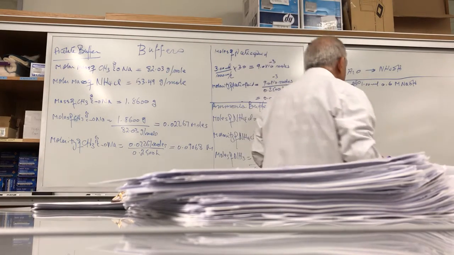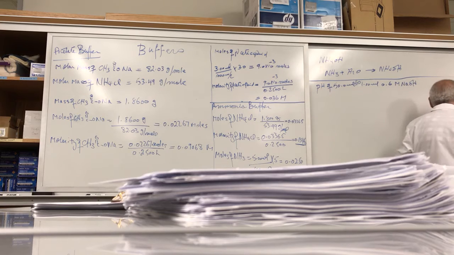That's what we would have done in the lab if we were doing the experiment in the lab. We would have 50.0 milliliter of water, and we added 1.00 milliliter of NaOH, which is 0.6 molar.